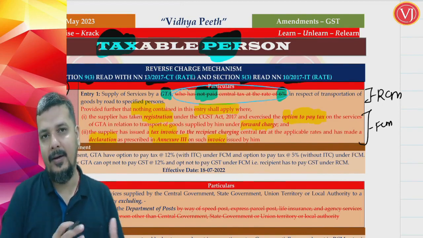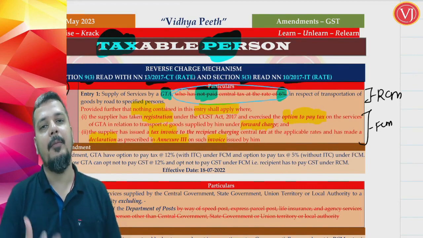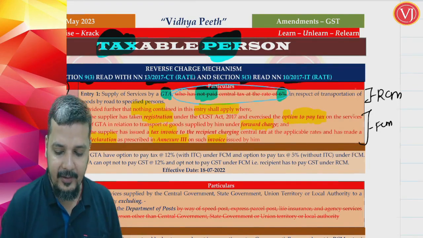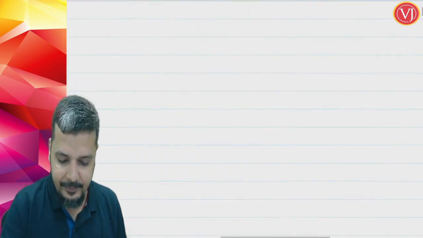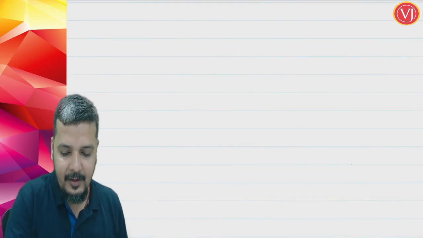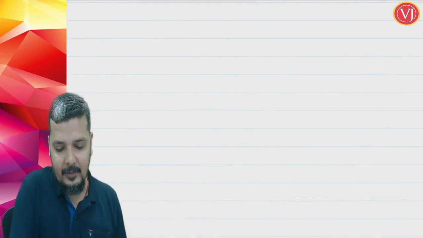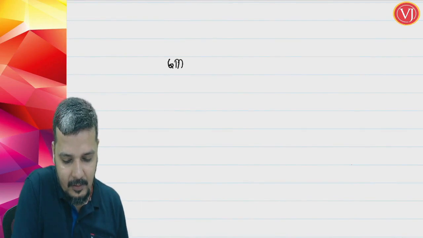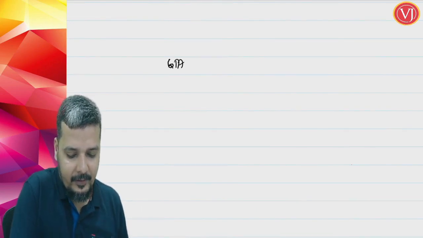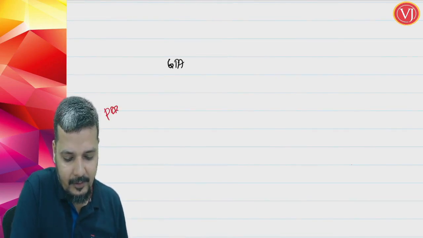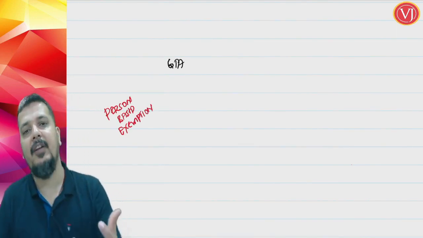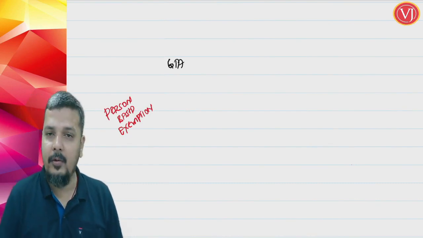Now, if you were to understand the GTA amendment both in exemption and your RCM together, previously, when you're talking about GTA services, there was your person-based exemption, which means there are certain persons to whom, when GTA is giving services, there's no GST.